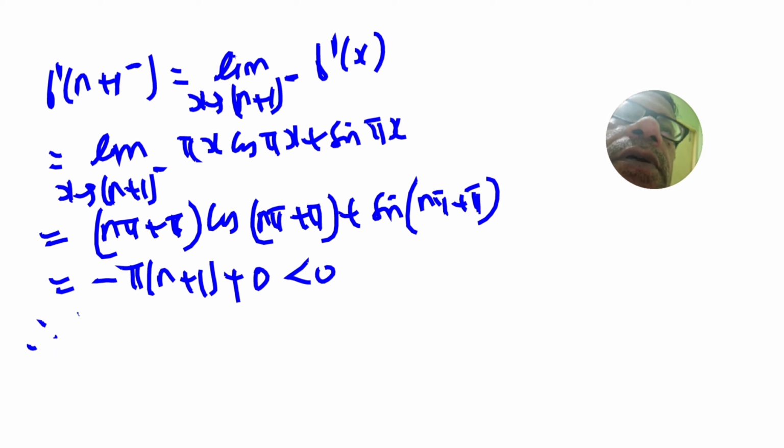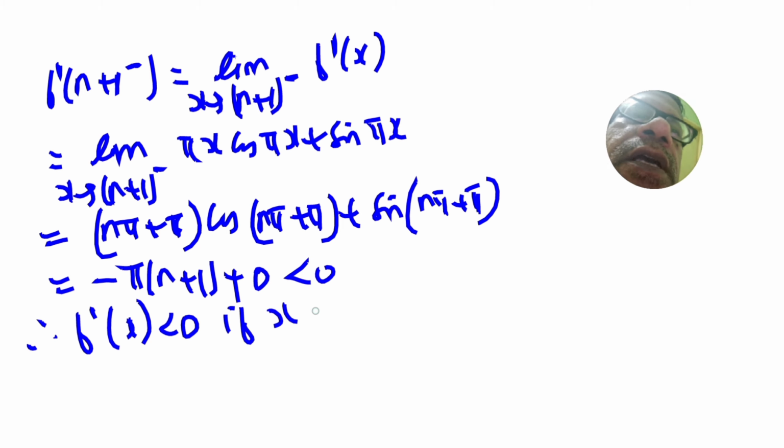Therefore, f dash of x is less than 0 if x is less than n plus 1. We have already shown that f dash of x is greater than 0 if x is greater than n plus 1 by 2.